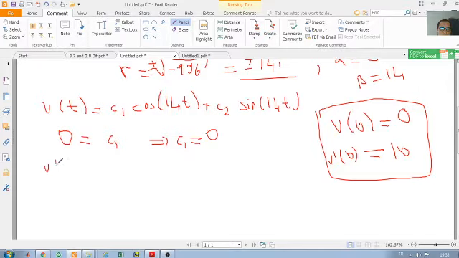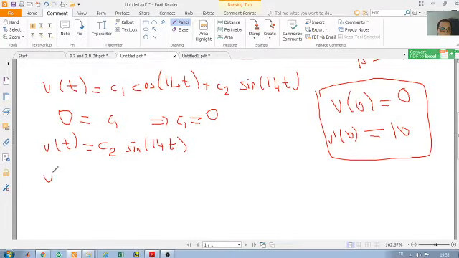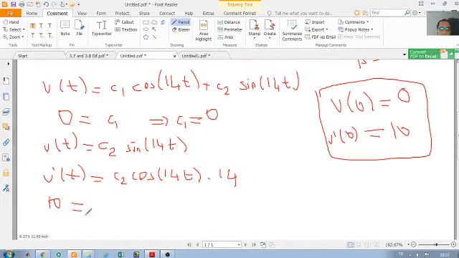And therefore we have u of t is equal to c2 sine 14t, and the first derivative is equal to c2 cosine 14t times 14.